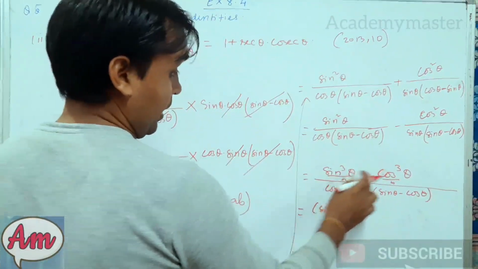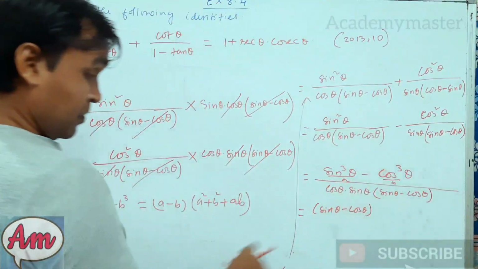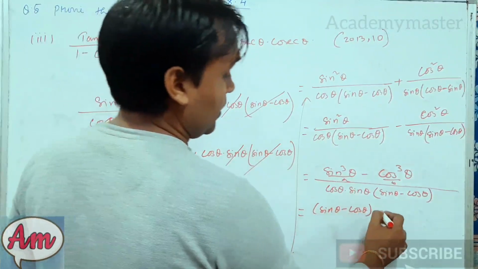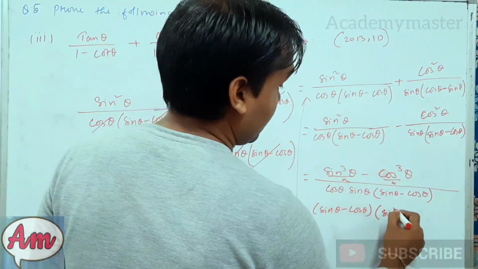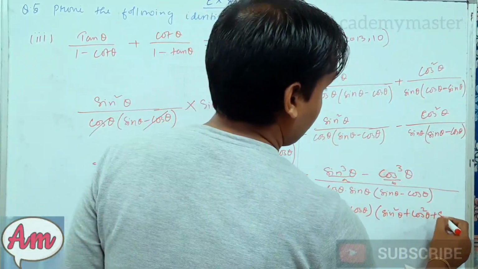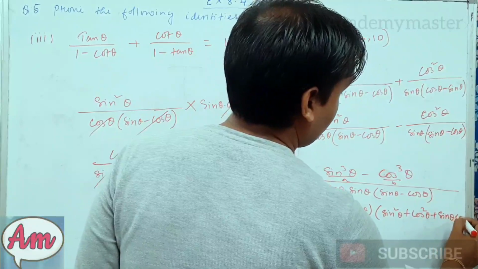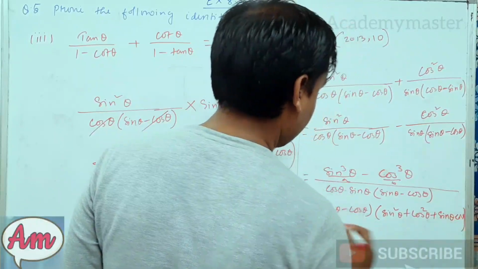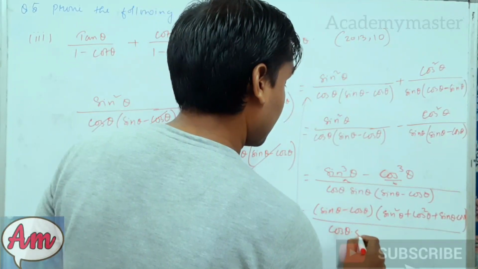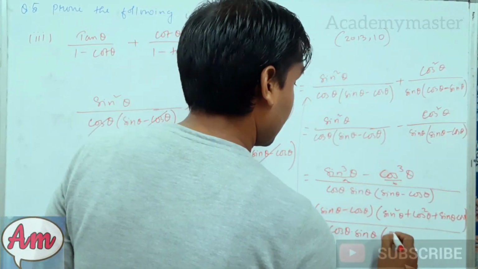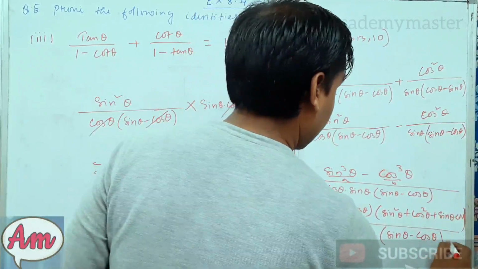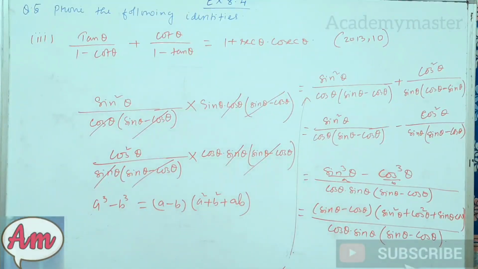Our a is sin and b is cos. So (sinθ − cosθ)(sin²θ + cos²θ + sinθ cosθ) divided by the same denominator, cosθ sinθ, and this one will be sinθ minus cosθ. Very important question, it is for 4 marks.